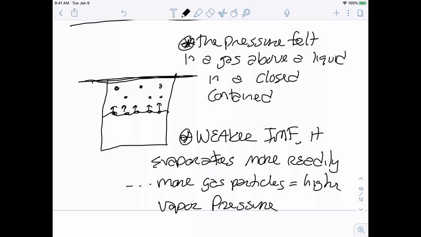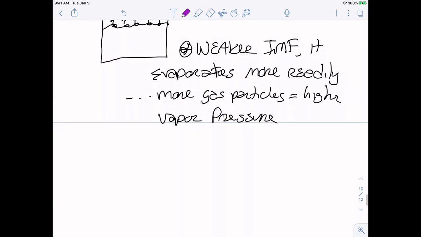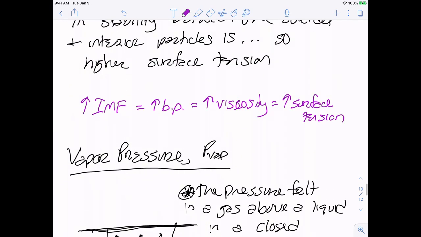So weak connections, it evaporates easily, there's more gas, there's more collisions, there's higher pressure. And then of course the opposite is true. Stronger intermolecular forces, it doesn't evaporate as easily, less particles, lower pressure. So if I have stronger intermolecular forces, I'm going to have lower vapor pressure. If we wanted to be complete, we could go back and add it to this list, though I've run out of room. Lower vapor pressure.